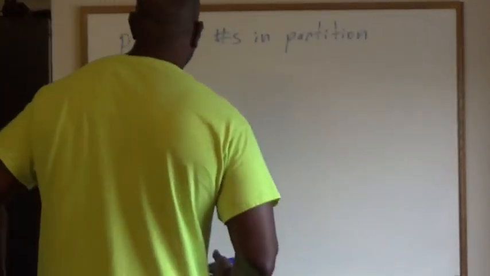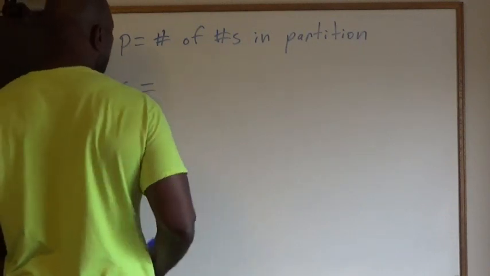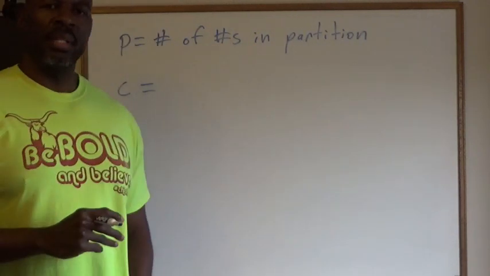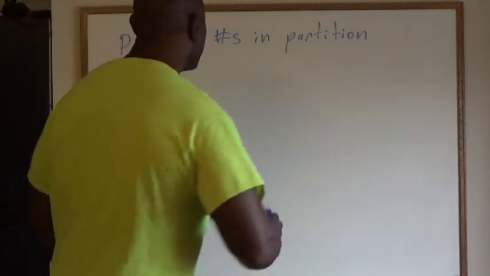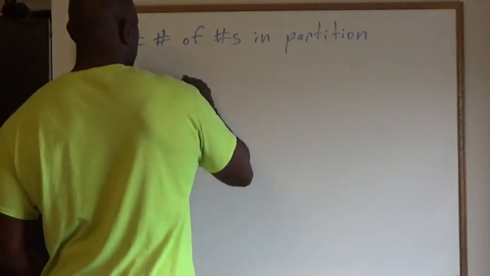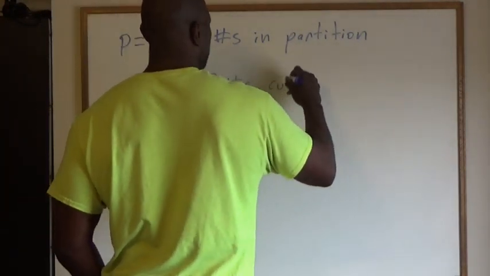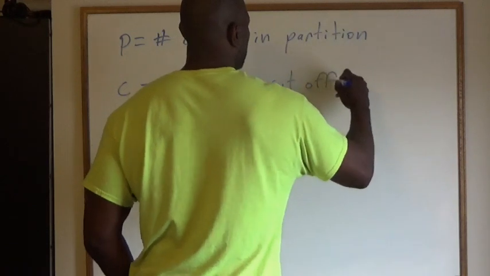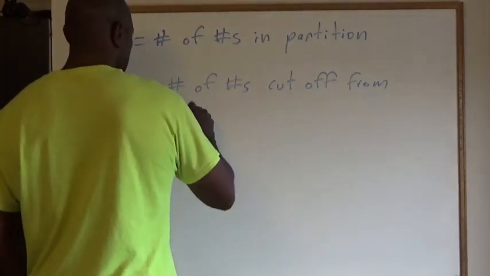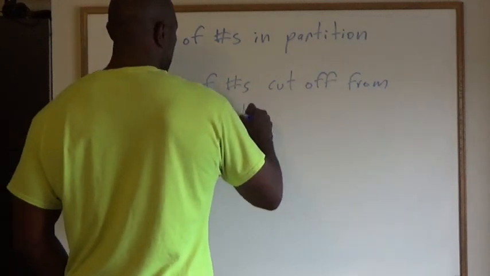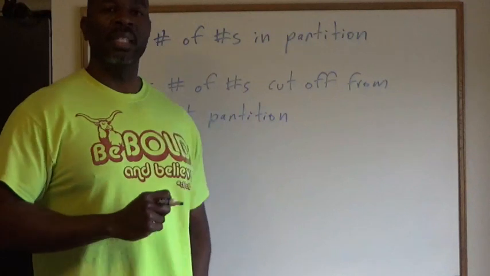I'm also going to use a variable for C. And C is going to represent the number of numbers that are cut off from the first partition. So C is the cutoff number.